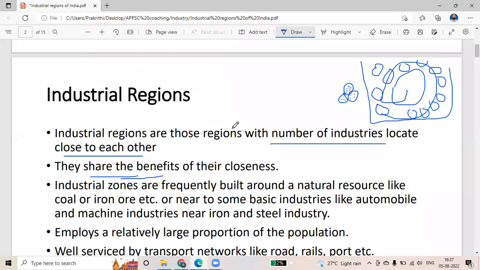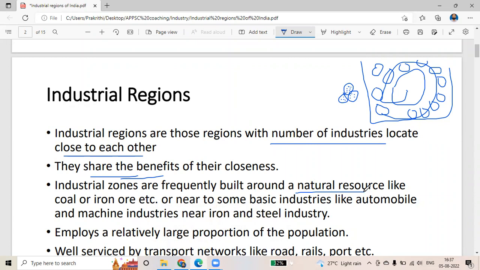So where will these industries be more? There are many factors which influence it, mainly the raw materials. Usually in India, the raw material is mainly the natural resources, mainly the mineral resources.